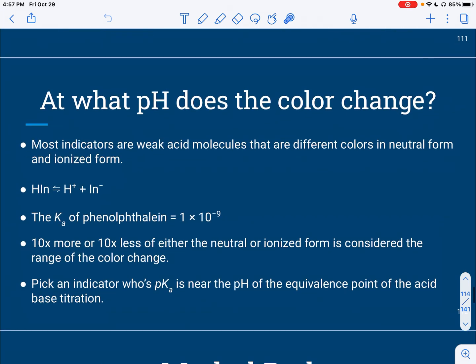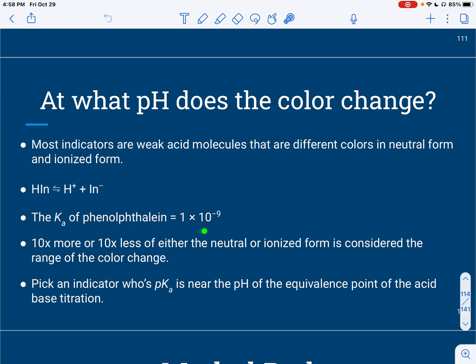So different indicators will change color at different pHs. All right, so this is the generic indicator reaction. So we just did phenolphthalein, so we replaced HIn with HPhph, but HIn is just a generic indicator.